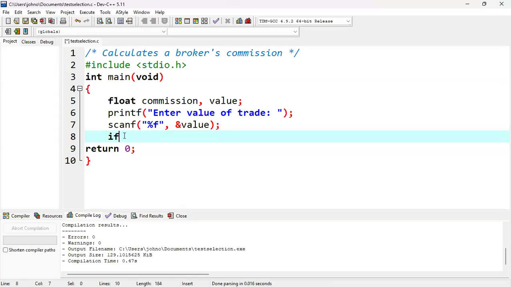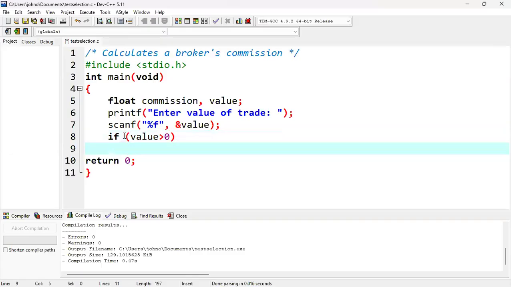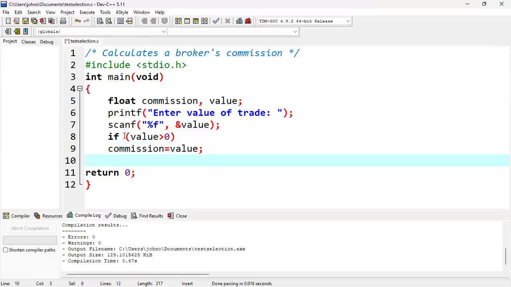We can say if value is greater than 0, commission is equal to value. So let's just use this as an example.